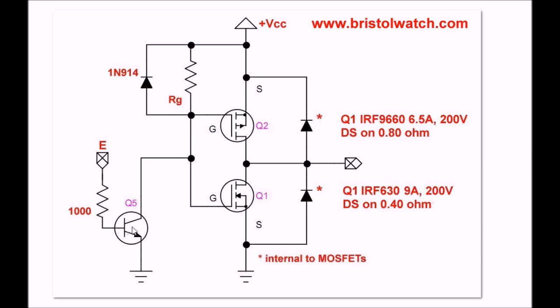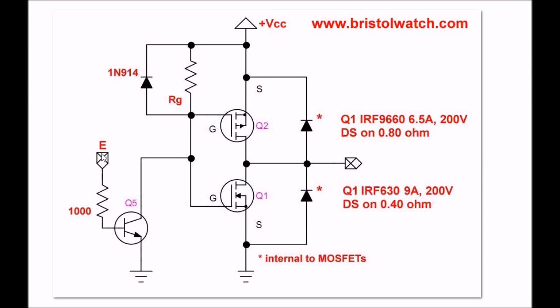When there's no input on Q5, the gates of the transistors are high. Q2 is turned off, but Q1 is turned on hard. Q2, in this case an IRF630, has a turn-on resistance of 0.4 ohms. So whatever capacitance I had on those parallel gates is quickly discharged through that very, very low turn-on resistance.